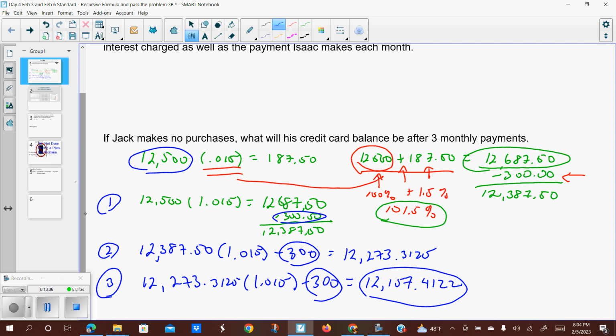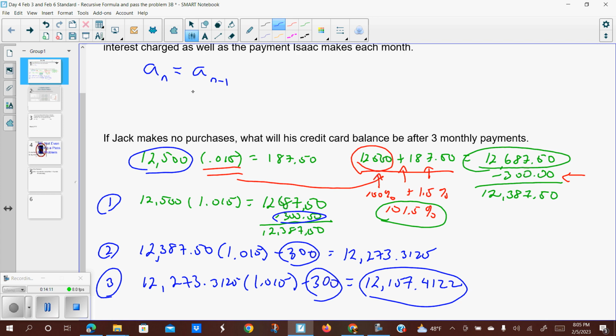All right, now let's take a look at our pattern, see if we can write the recursive. Remember that a recursive depends upon the previous term. Normally, I would make you guys struggle a little bit and figure out what was the actual terminology that we used. A recursive would be a sub n equals, since it depends upon the previous amount, represented by a sub n minus 1. That terminology right there represents the previous term.